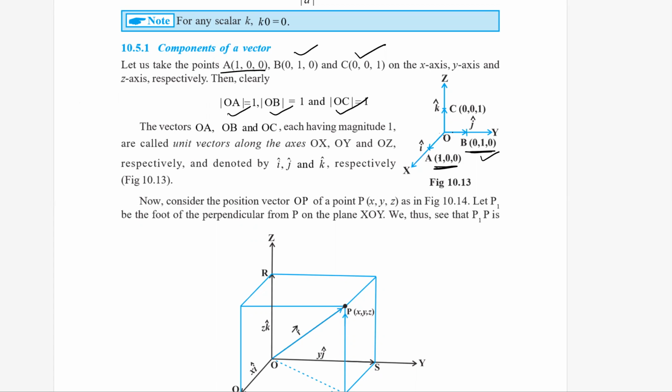So we say they are unit vectors along OX, OY and OZ. Unit vectors along the X, Y and Z axes are denoted by i cap, j cap and k cap.